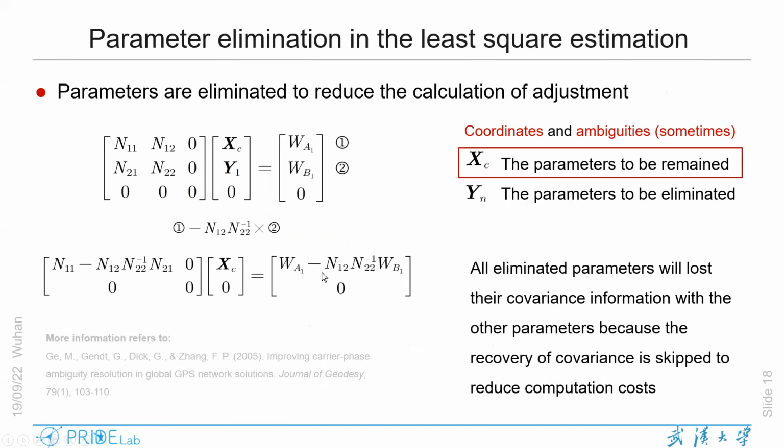After inverting the normal matrix, we will recover the eliminated parameters, but not their covariance. It can also reduce the computational burden, and we usually do not test covariance. In contrast, parameters with useful covariance will be retained, typically the coordinates and sometimes the ambiguities.